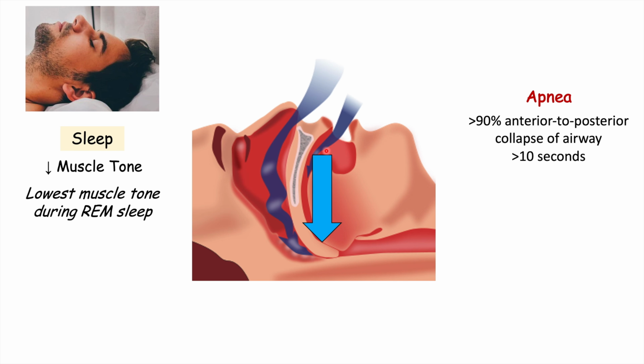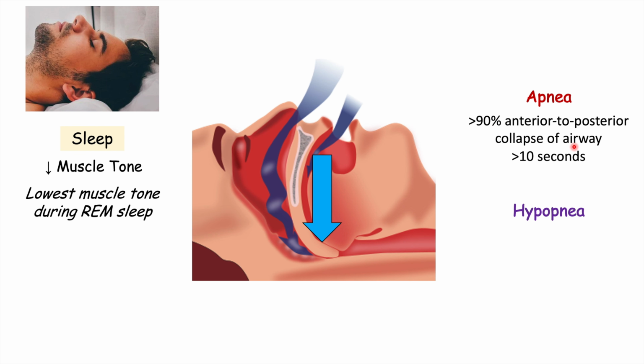This is the anterior of the patient, and this is the posterior of the patient. When the patient is lying flat or in the supine position, this is where it's going to be most likely to occur in the patient. And again, an episode of apnea is where there is greater than 90% anterior to posterior collapse of the airway for greater than 10 seconds.